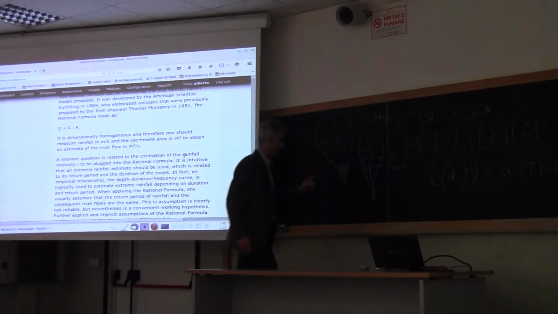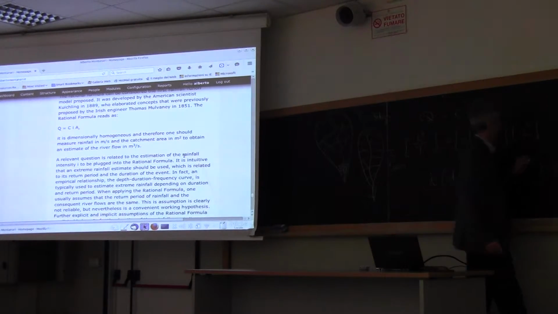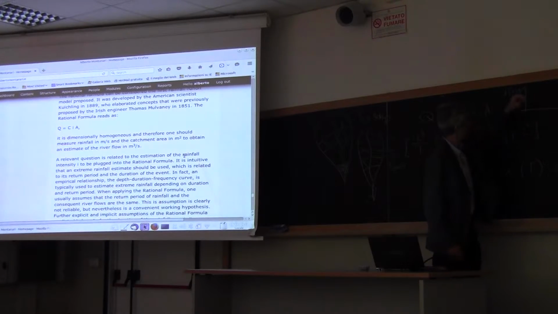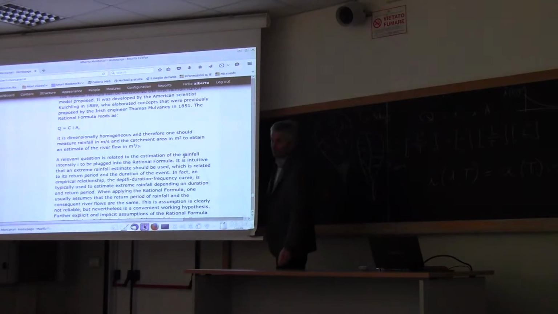And the fact that n is about 0.6 means that if you look at the graph of this equation, i as a function of d, you get a graph like this one. Decreasing intensity for increasing duration.